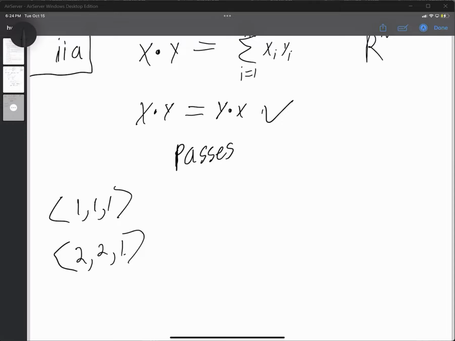Product is you just multiply them. 1 times 2 is 2, plus 1 times 2 is 2, plus 1 times 1 is 1. You're just multiplying these together and then adding them all up. Obviously, if we flip that order, if we put y times x, this one would be up top and x would be on the bottom. It wouldn't change the value.